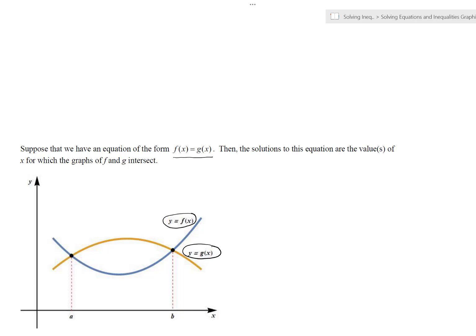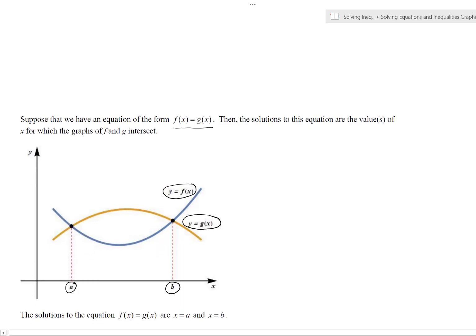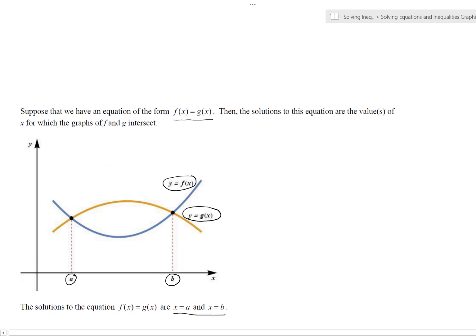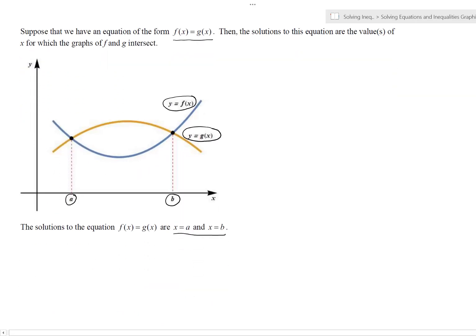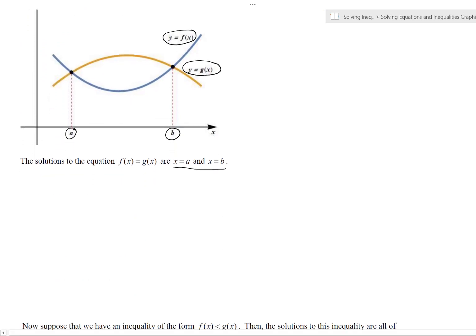In the diagram that we see, these are at the x locations x is A and x is B. Hence, the solution to that equation, f of x equals g of x, is found graphically by finding where they intersect and looking at the values of x which do this. x is A and x is B in this particular example. So we're going to try that in a bit with an example.